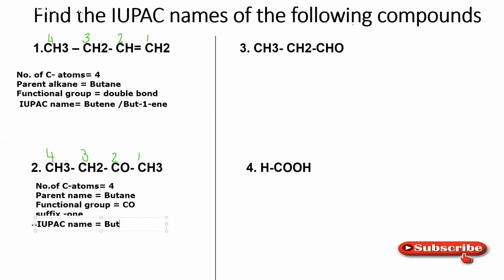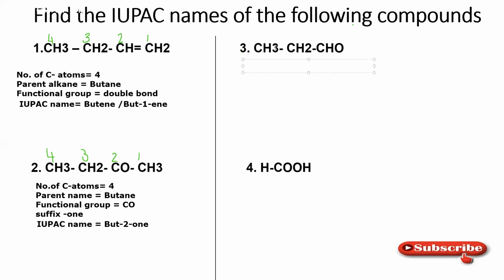A character and a number should be separated by a small horizontal line. So it is but-2-one, O-N-E. This is the IUPAC name of this compound. Is that clear?